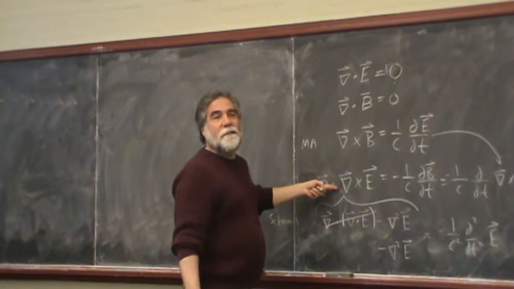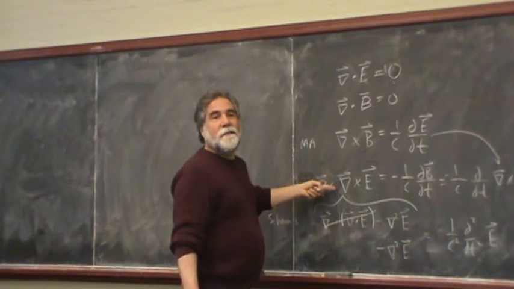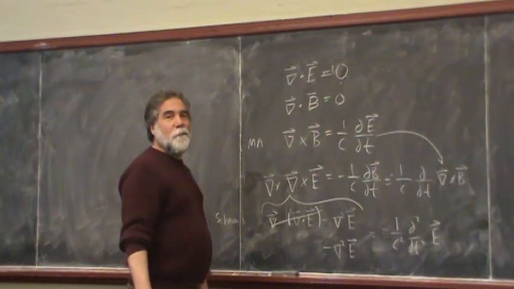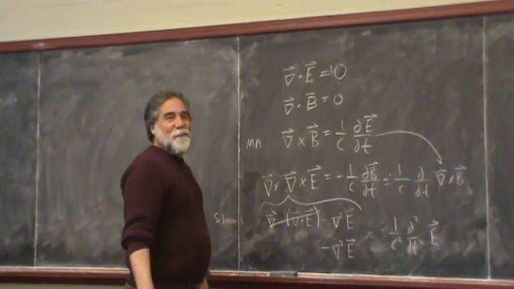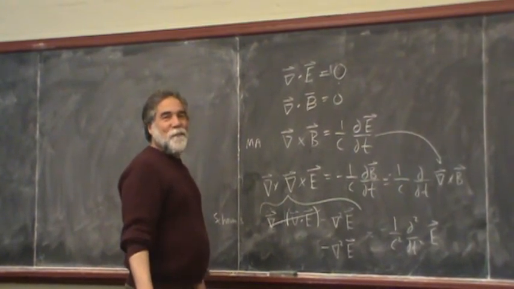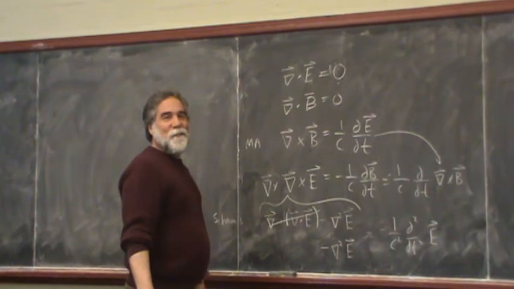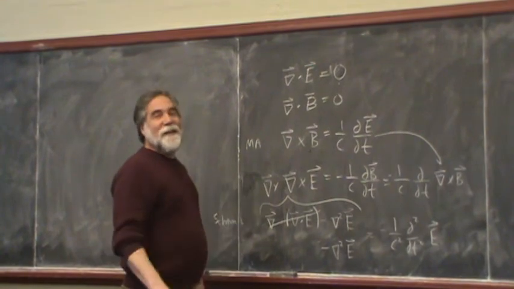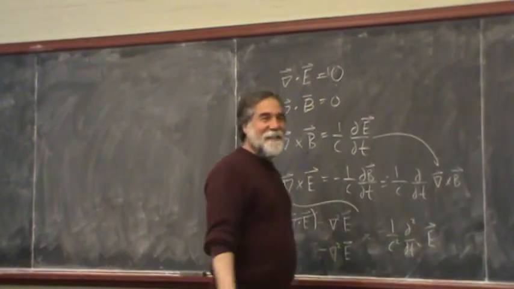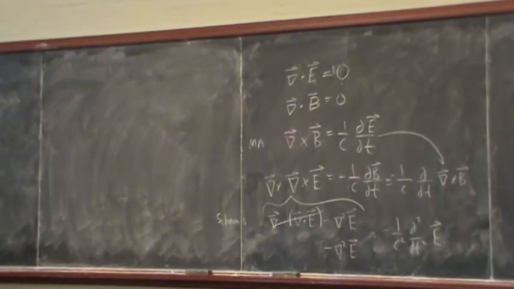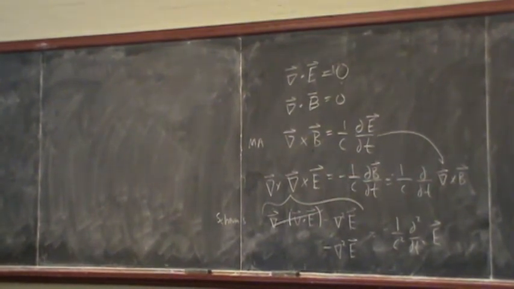Yes, Calvin. Why are you allowed to use three vectors and not four vectors if light is moving relatively? I'll get back to you on that. Because it gives you the same answer. Good question.